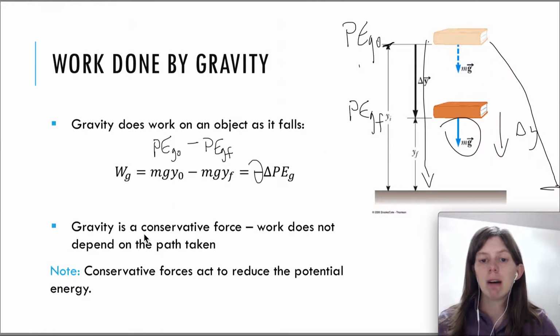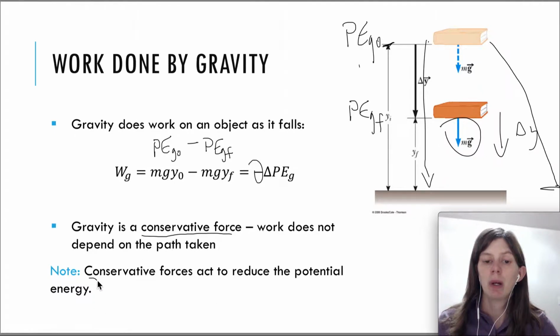The fact that gravity is a conservative force is important because conservative forces always act to reduce the potential energy. This is something that we're going to see again once we start dealing with springs, and that you're going to see again in electricity and magnetism in physics 2.